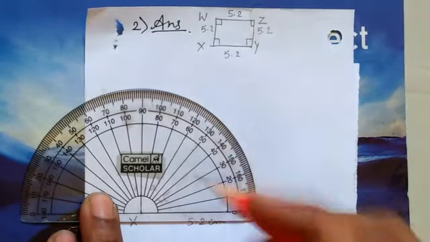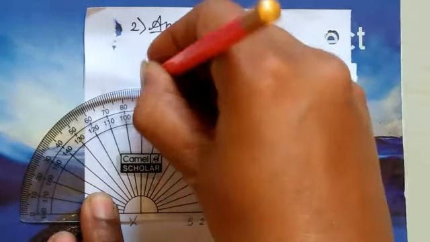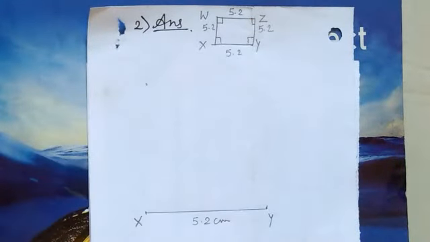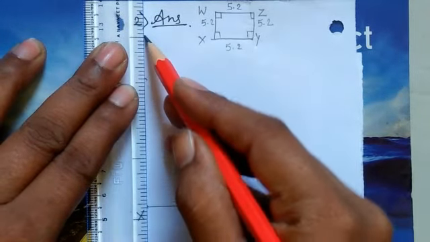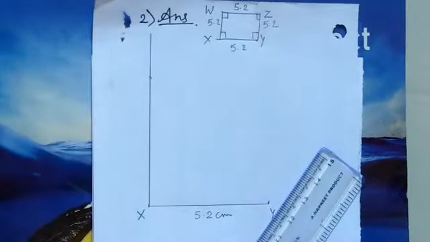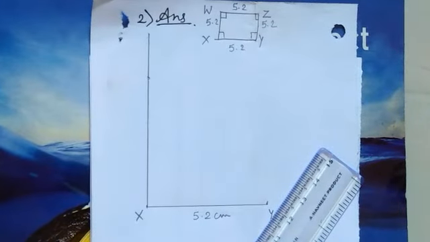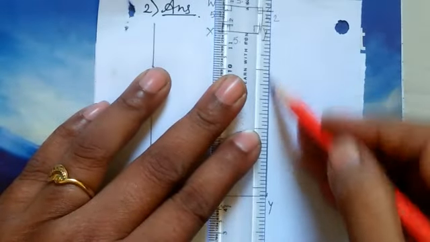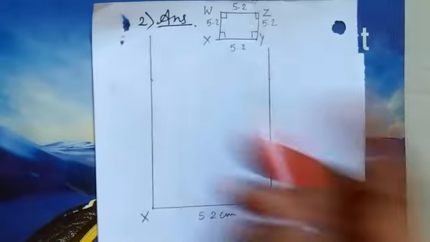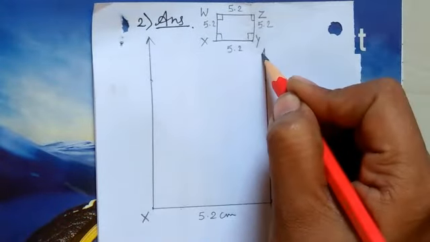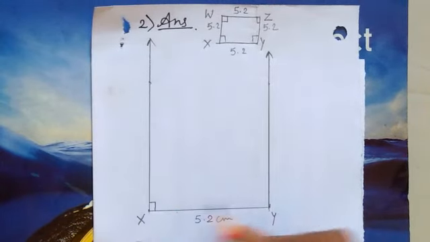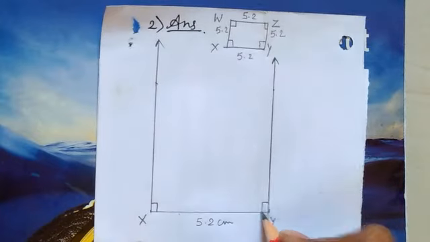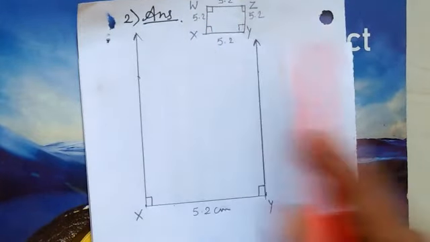Place it very properly. Similarly on the other side. Now put the arrow symbol of 90 degrees. Don't forget to place it. Now we want the points Y and Z.